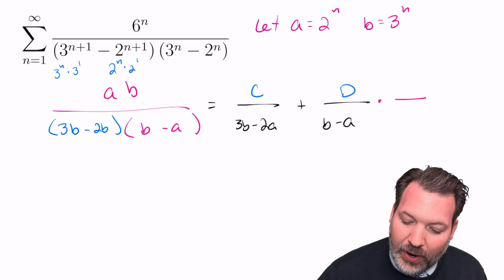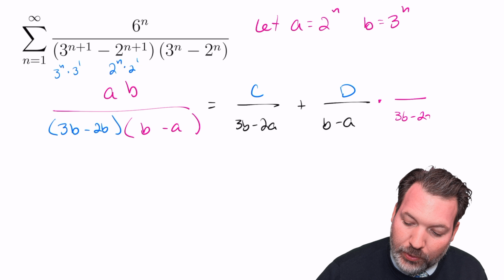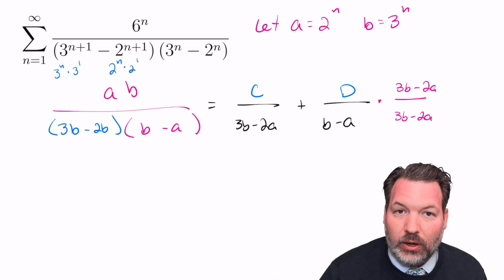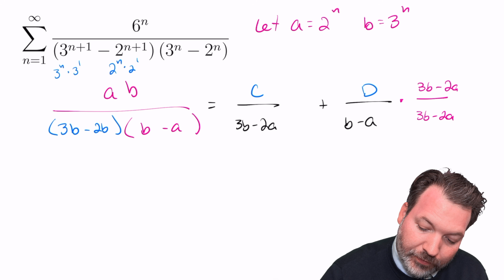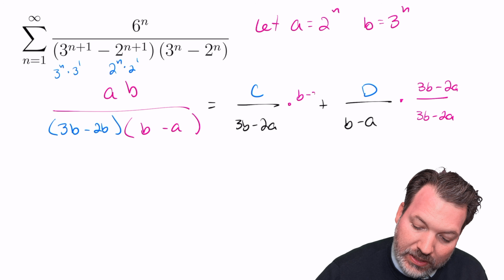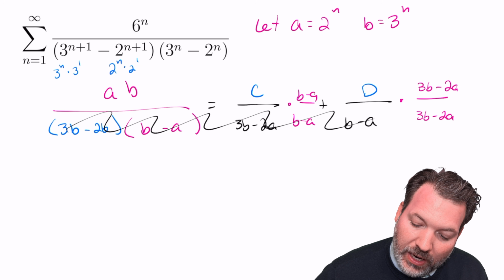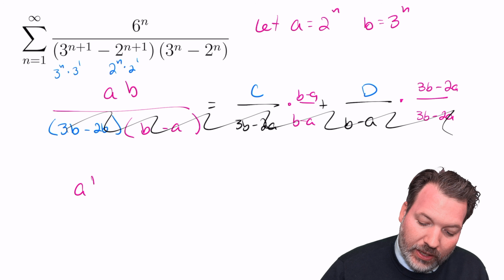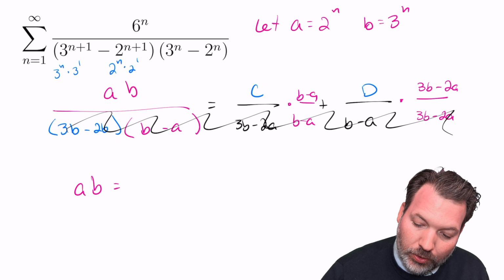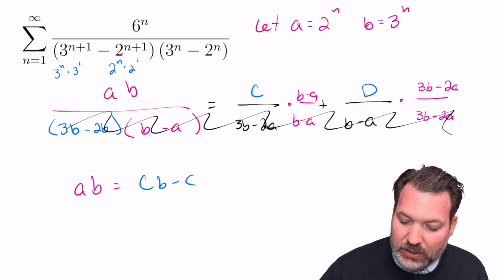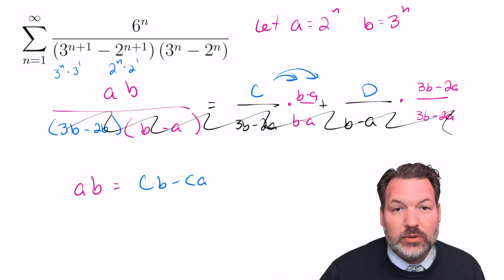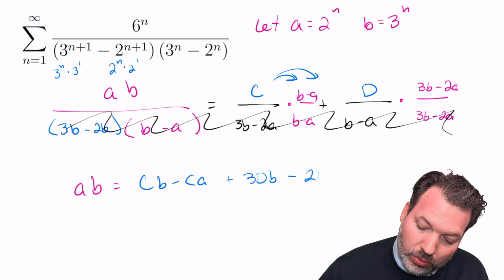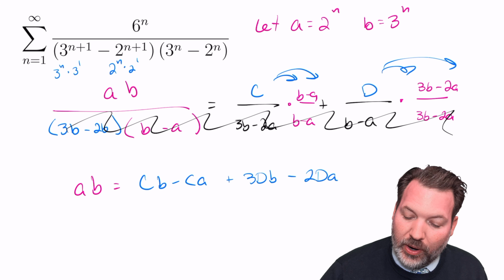When we try the fraction decomposition, for example, we multiply by 3b minus 2a over itself, and of course we do that same thing to the first fraction using b minus a over itself. Ignoring the denominators now because they're going to be a common denominator, they're not going to matter anymore, we get that ab must be equal to c times b minus c times a, coming from a distribution here, plus 3d times b minus 2d times a, again coming from our distribution here.